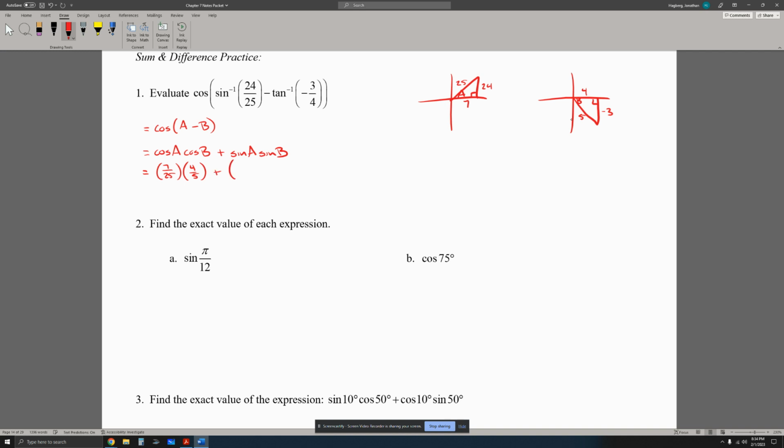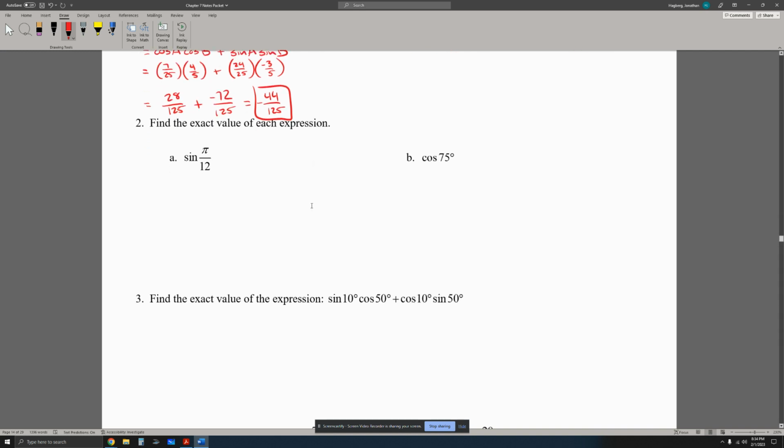And then plus sine of A, which is 24/25. And then sine of B is negative 3/5. Okay. So multiplying this out, we get 28 over 125 plus 24 times negative 3 is negative 72 over 125. And then adding these up, we get negative 44 over 125.